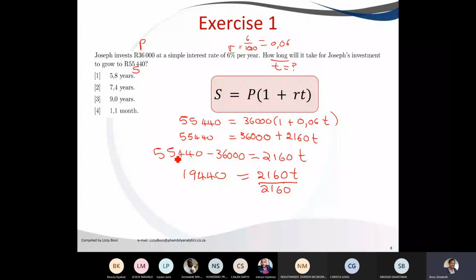We must do it again on the left-hand side, 2,160. 2,160 cancels out on that side. We are left with T. 19,440 divided by 2,160. We are left with 9. Therefore, the answer is 9 years.